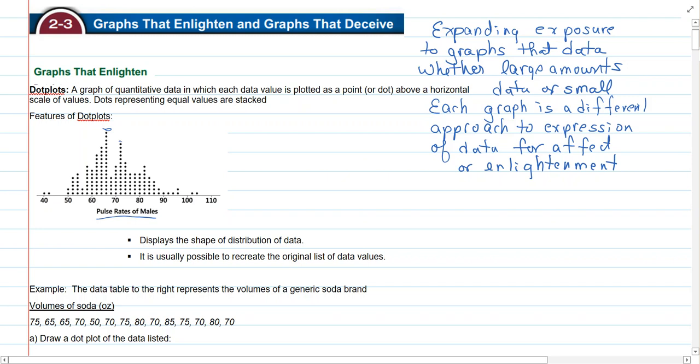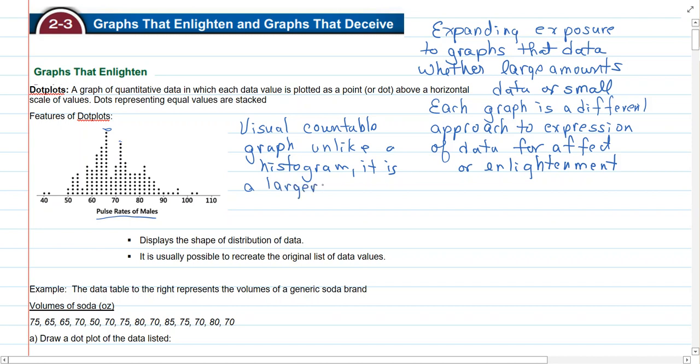So the dot plot is a visual, countable graph, unlike a histogram, which handles a larger set of data.